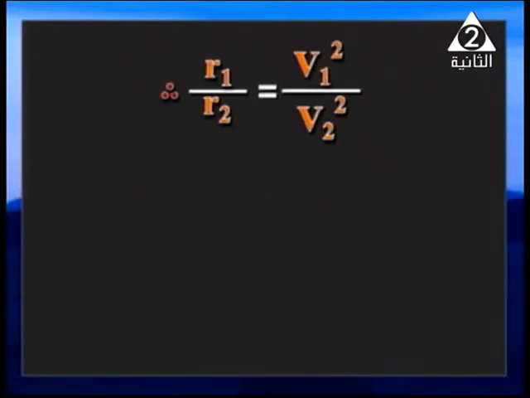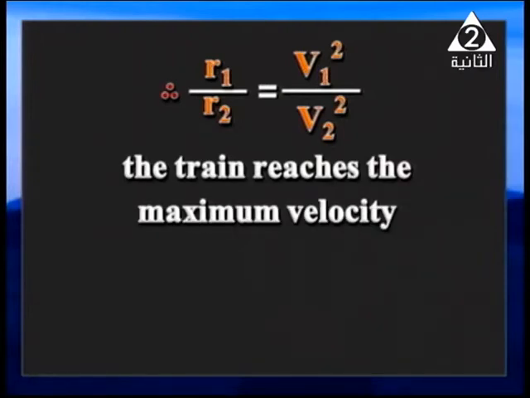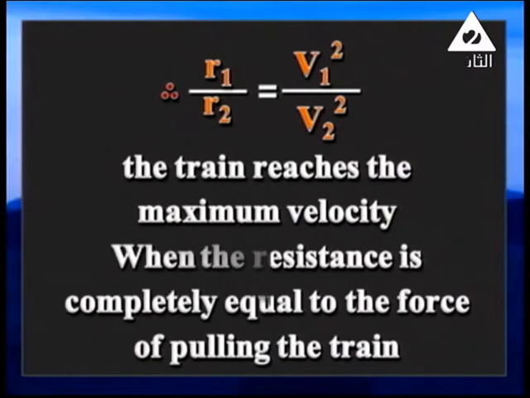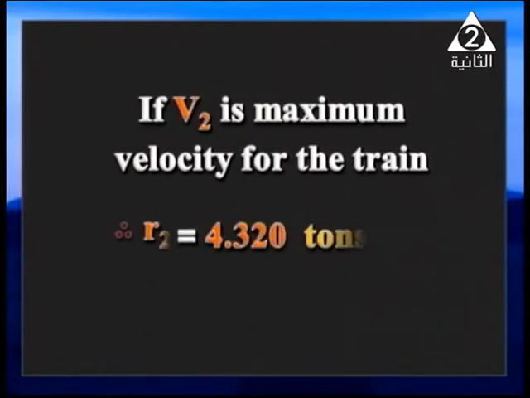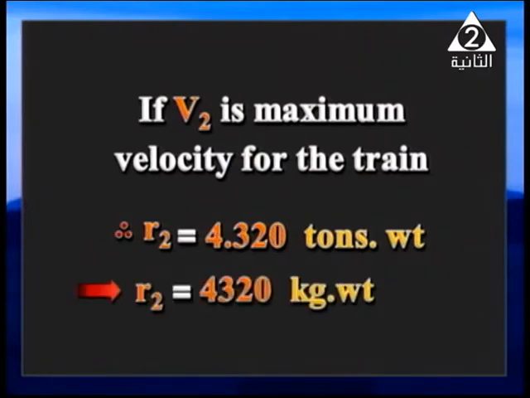Therefore, the train reaches the maximum velocity when the resistance is equal to the force of pulling the train. If V2 is the maximum velocity for the train, R2 equals 4.32 ton weight. Multiply by 1000 to convert to kilogram weight: R2 equals 4,320 kilogram weight.